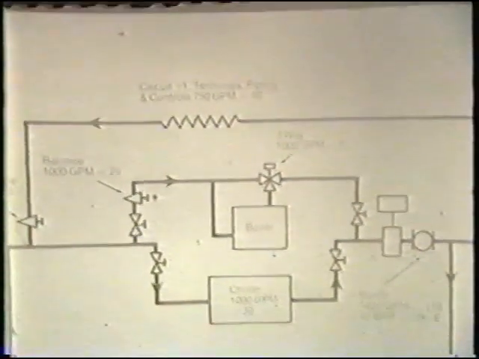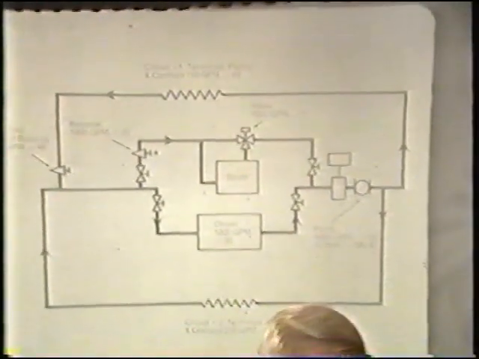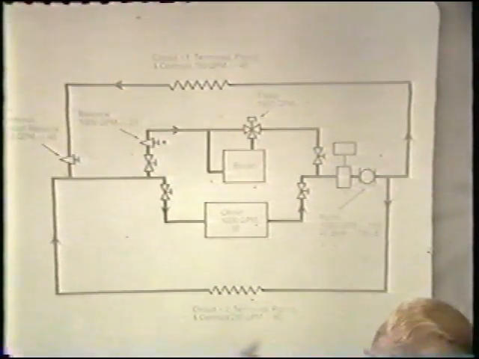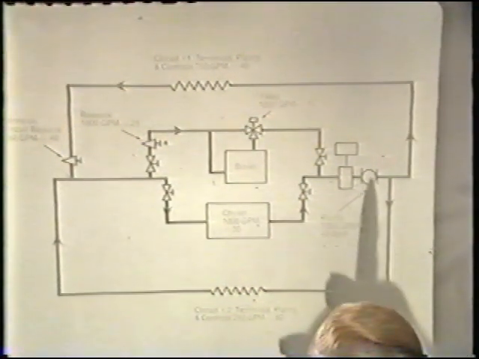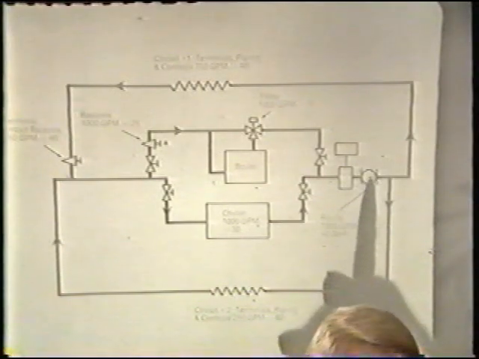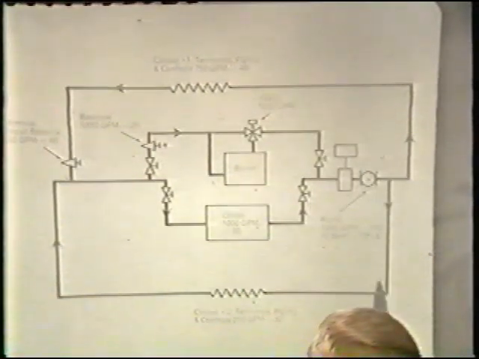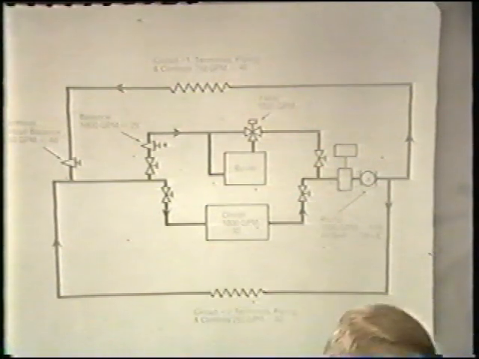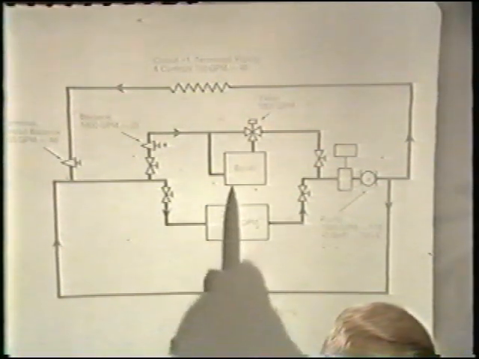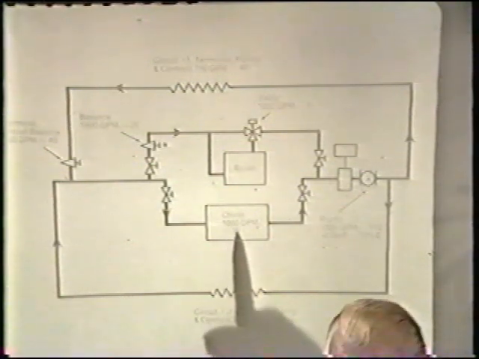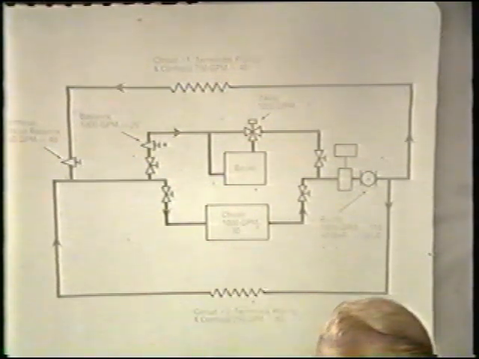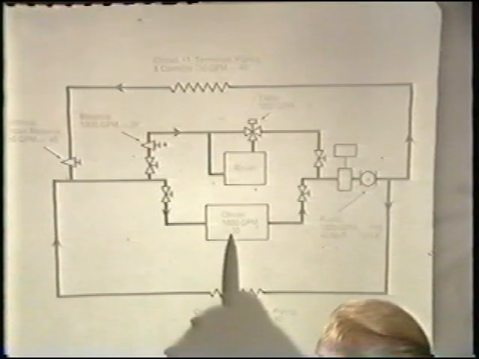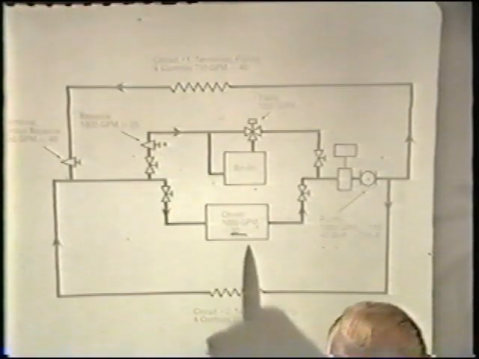Let's introduce another subject having to do with zone changeover. In this illustration, we have a single pump driving flow through each of two circuits and through the equipment room. The equipment room contains a boiler and a chiller. The chiller has a relatively substantial head loss of 30 feet.